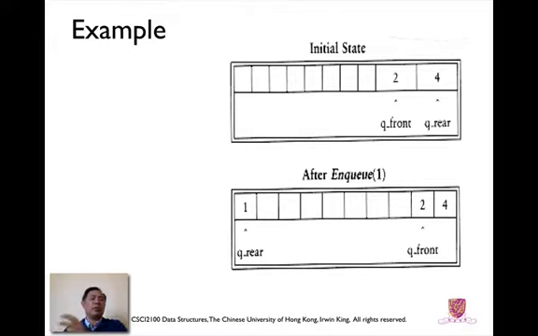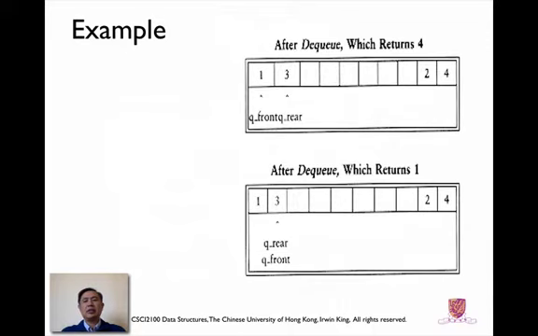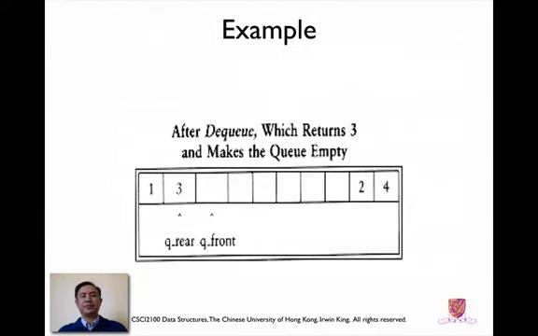Then what you need to do is maybe reset and copy that queue to the front of the memory. So you can insert another element at the rear, which is element 3. And when you dequeue, you could return 2 and then 4 and then 1 and so on and so forth.